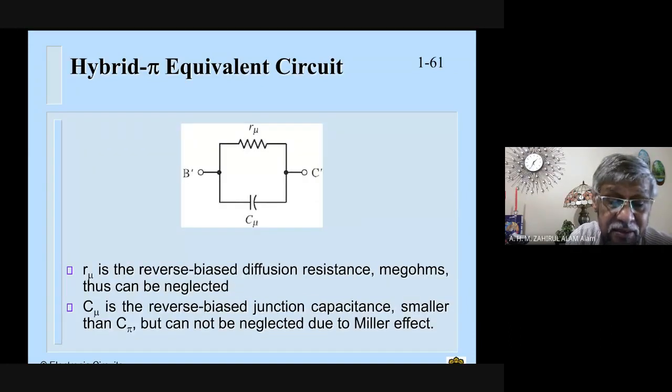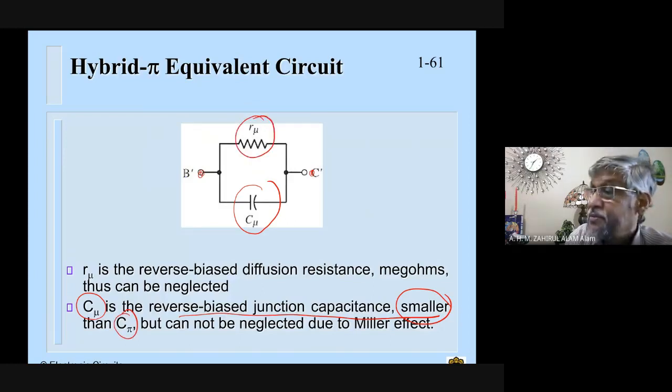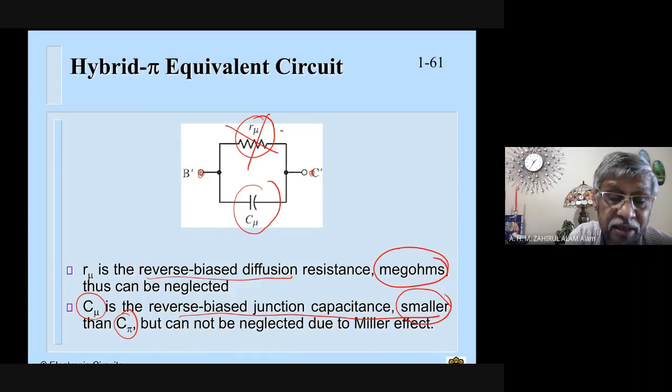And this is base to collector internal. C mu is the reverse bias junction capacitance, which is smaller than C pi. And R mu is the reverse bias diffusion resistance, which is very high, megaohms, so we can make it an open circuit.